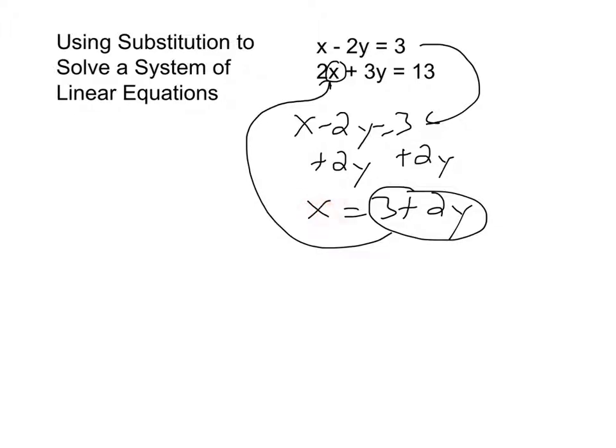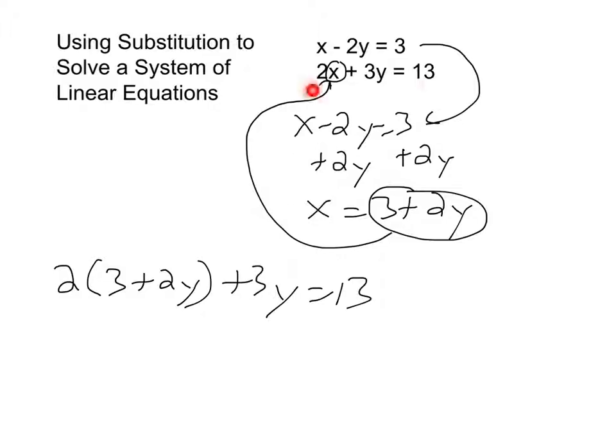And since this x equals 3 plus 2y, I can substitute in. So this is going to bring me to 2, and then I'll use parentheses, 3 plus 2y, plus 3y equals 13. All I did is rewrite this equation down here, but replaced my x with 3 plus 2y, because this statement tells me that those two things are identical.